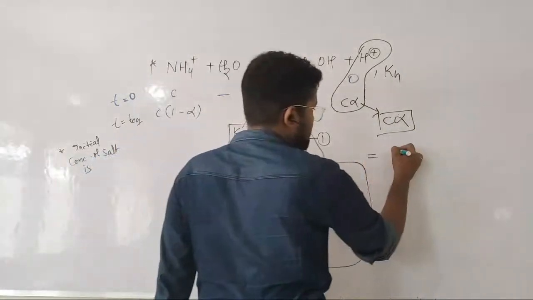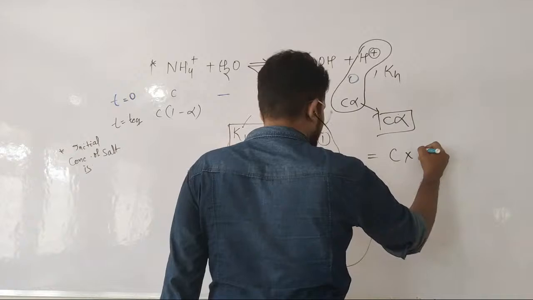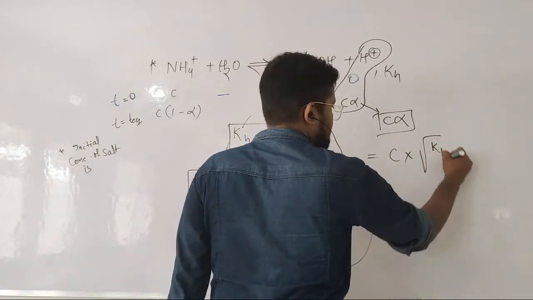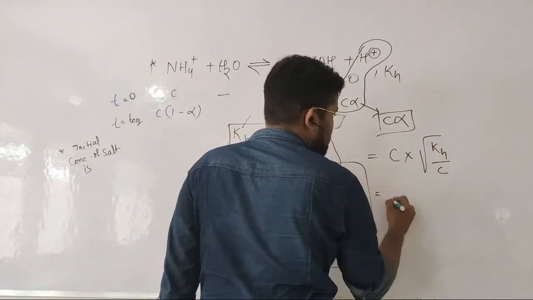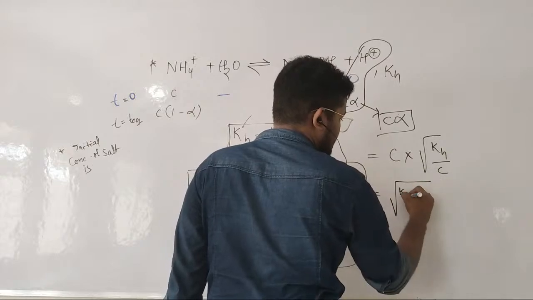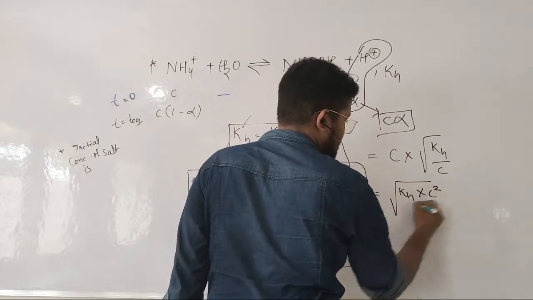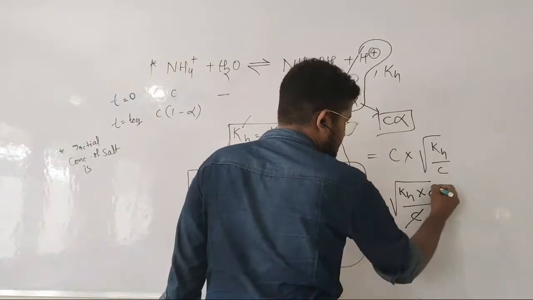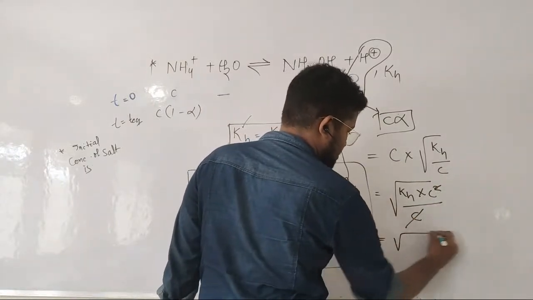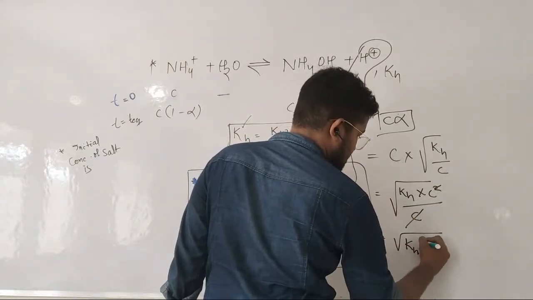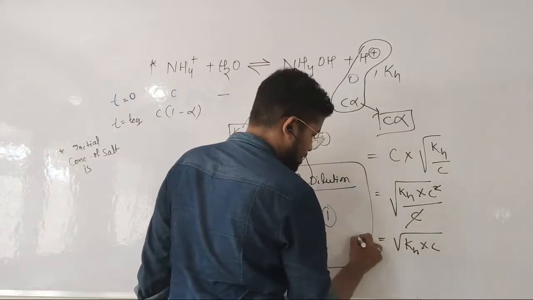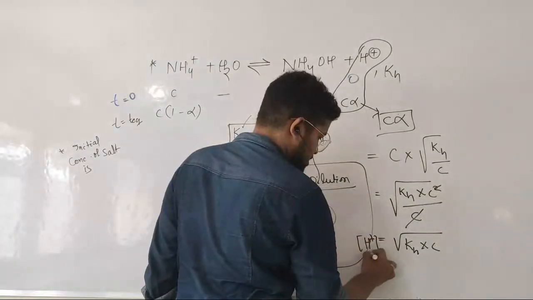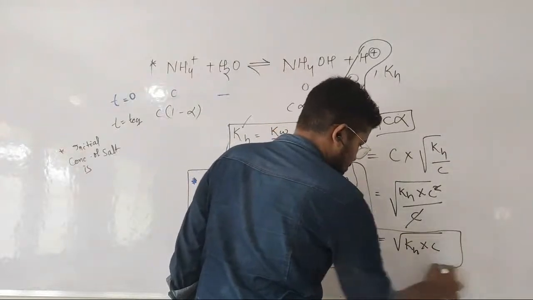So can I put C into the value of alpha, which is root over Kh by C? So this C goes inside, Kh into C square divided by C. Can I cancel this out? So what will be the value of H plus ion concentration? It will be root over Kh into C, right? H plus ion concentration will be root over Kh into C.